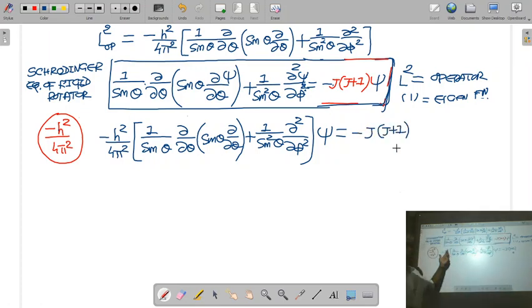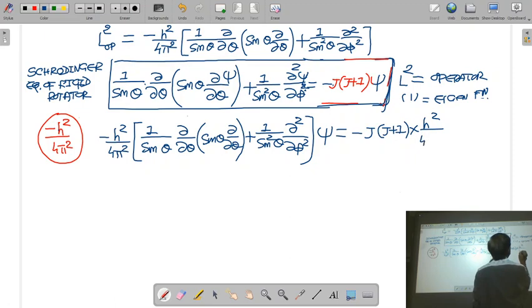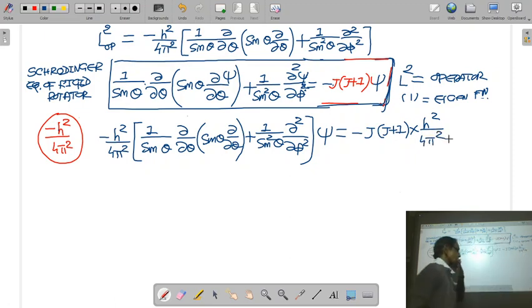We have multiplied the left hand side with minus h square upon 4 pi square, so we also multiply the right hand side with h square upon 4 pi square. Now please see, what is this?